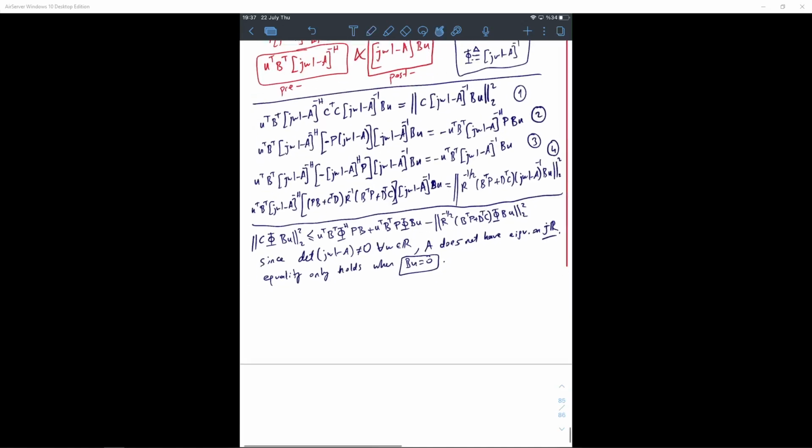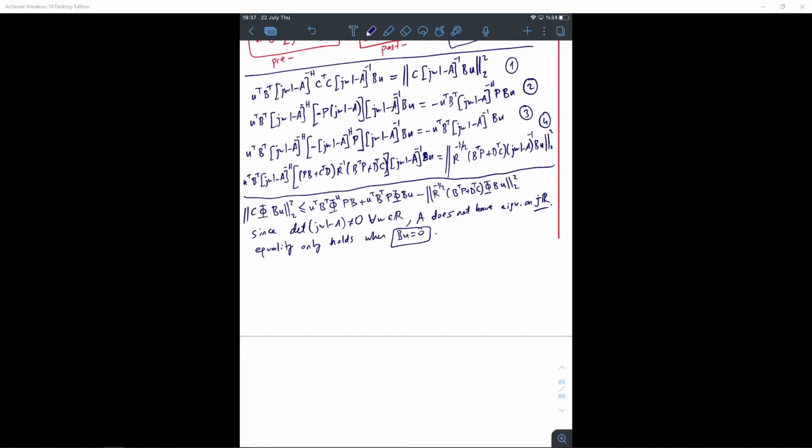Alright, and not that, or as if that was not enough, Duan and U want us to add these terms, U transpose, right, U transpose D transpose D plus D transpose C phi B plus B transpose phi H C transpose D U. We are going to add this term to both sides of this inequality, right?